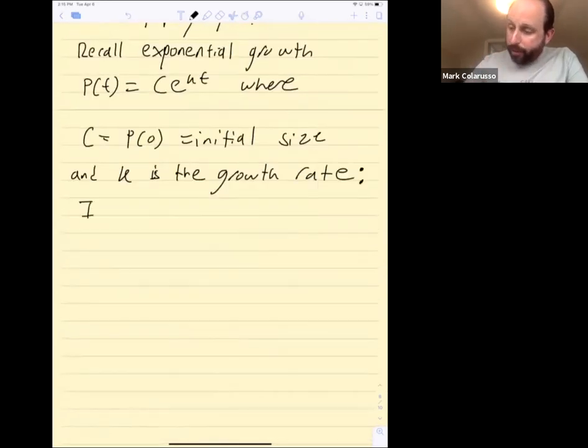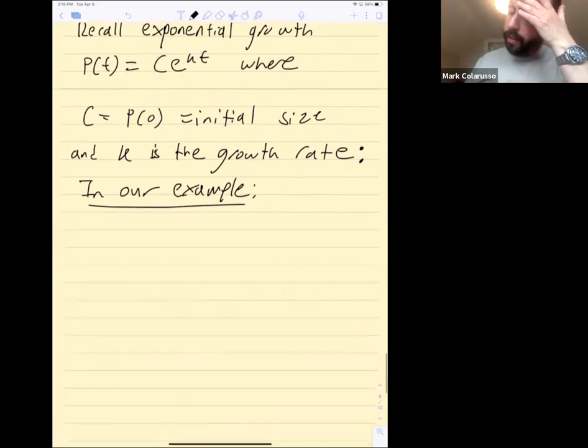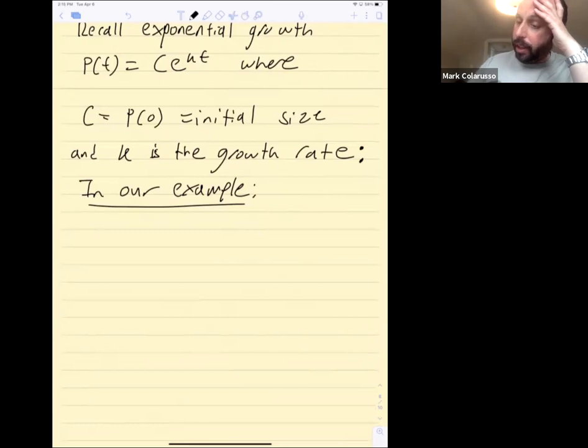Right, so in our example, we would have C was 3 million, so I'll keep it in millions, so I don't have to write all these zeros. And we're told the growth rate was 0.02.